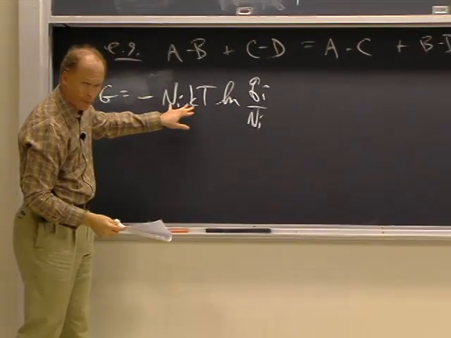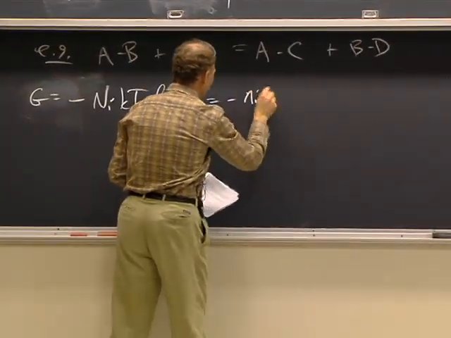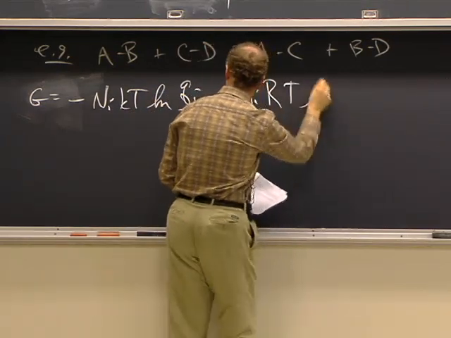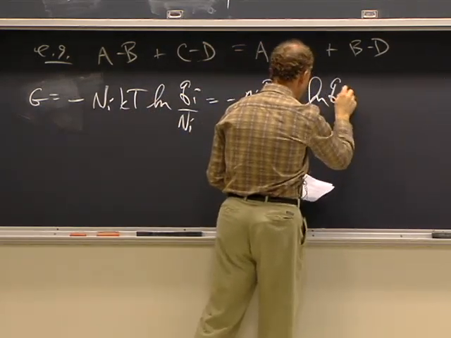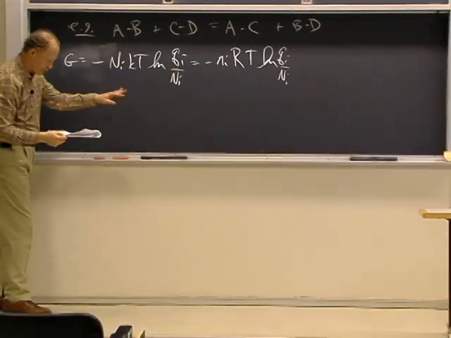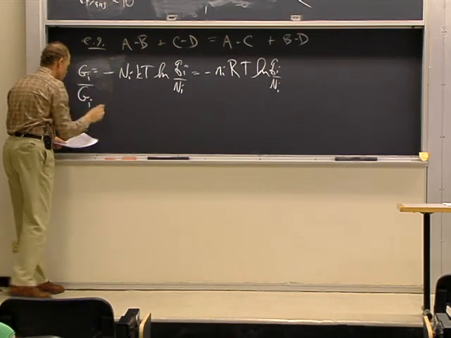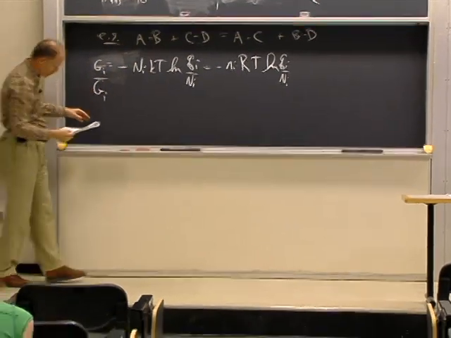I'm just going to put this in molar terms, so it's minus little ni RT log of Qi over capital Ni. And I only want to do that because I want to express this in free energy. This is for substance i, free energy per mole.